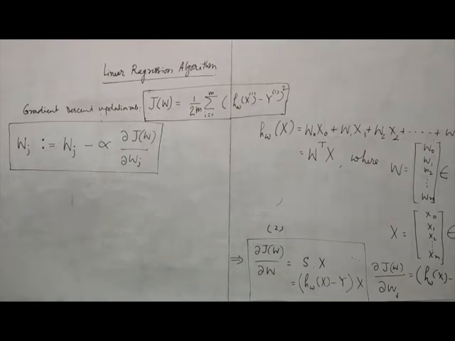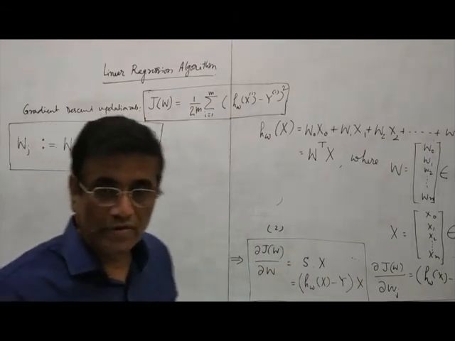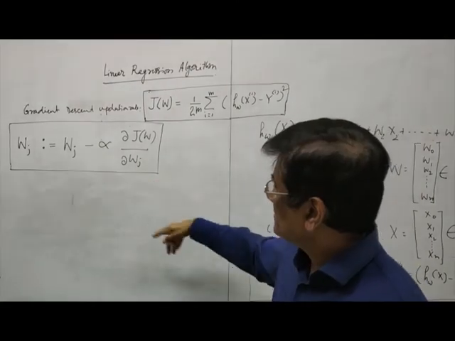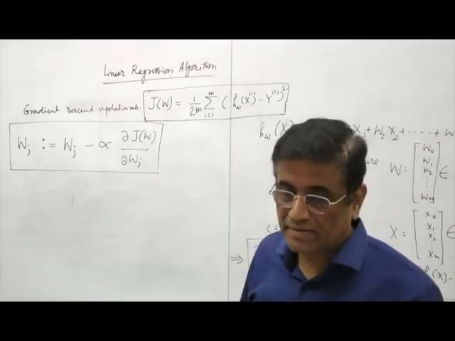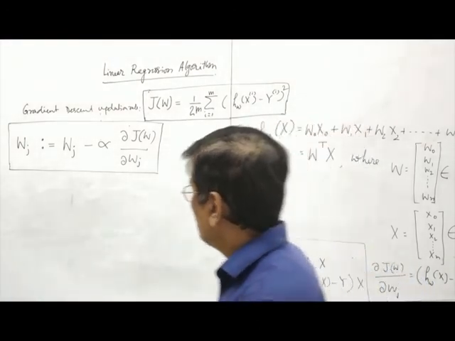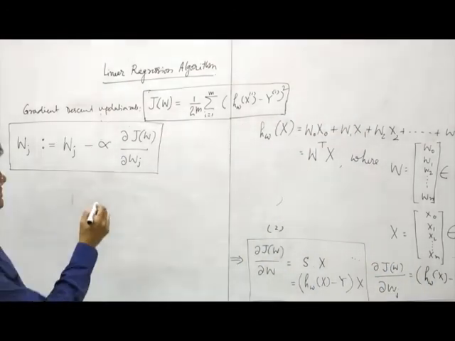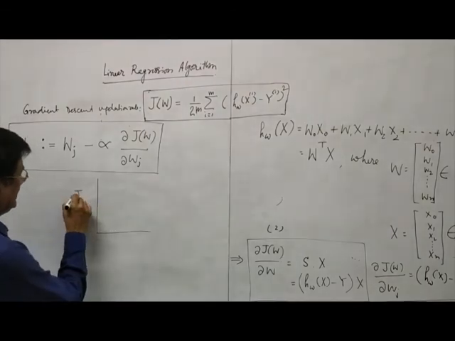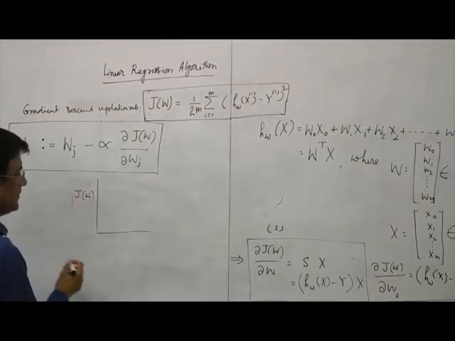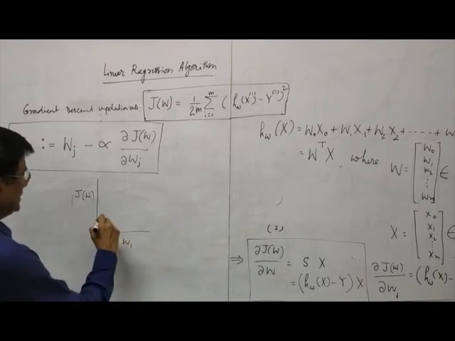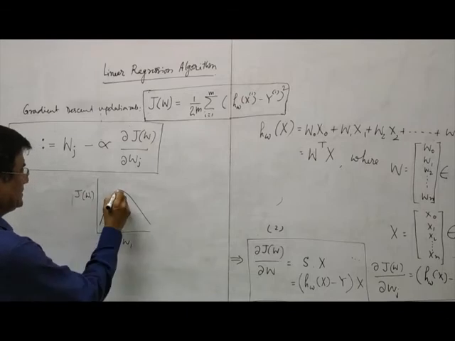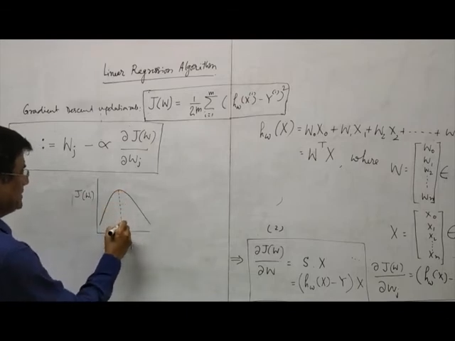Now, as I told, engineers need optimization where sometimes I need to minimize, sometimes I need to maximize. For example, if my cost function is a profit function, and it is still convex quadratic in nature, the shape of my curve will be like this, because I will try to maximize my profit.